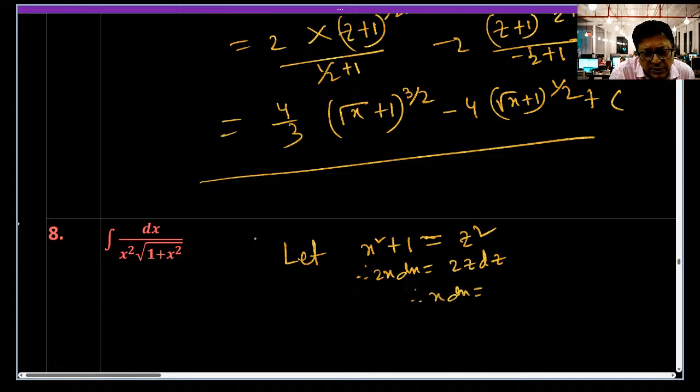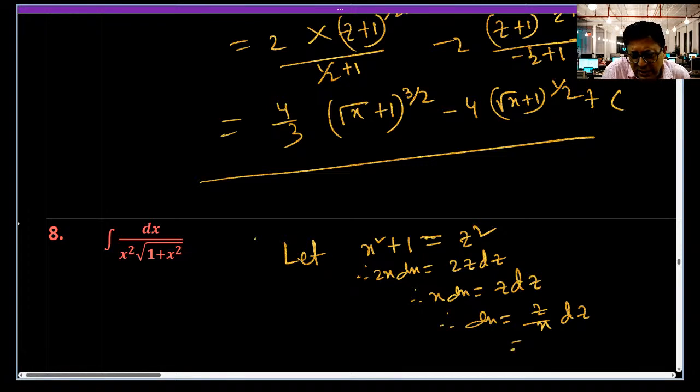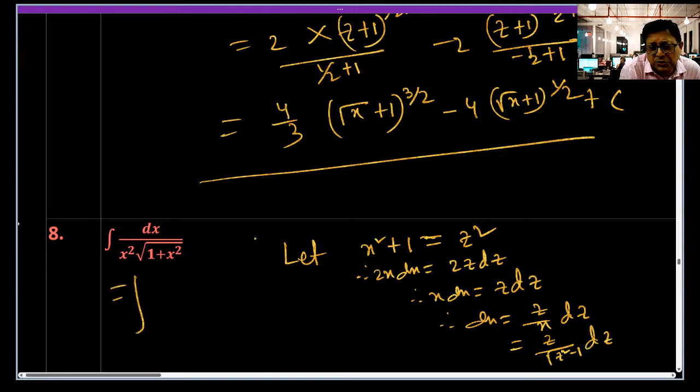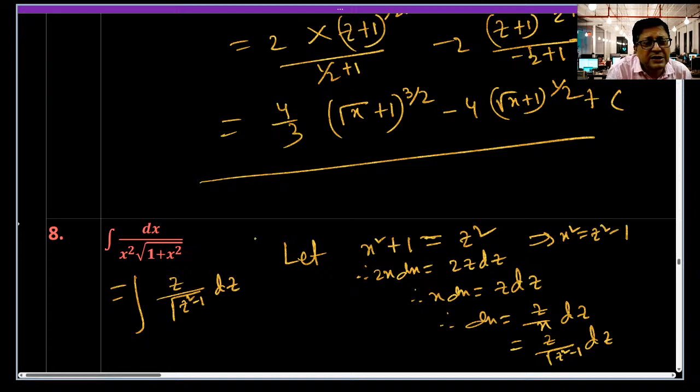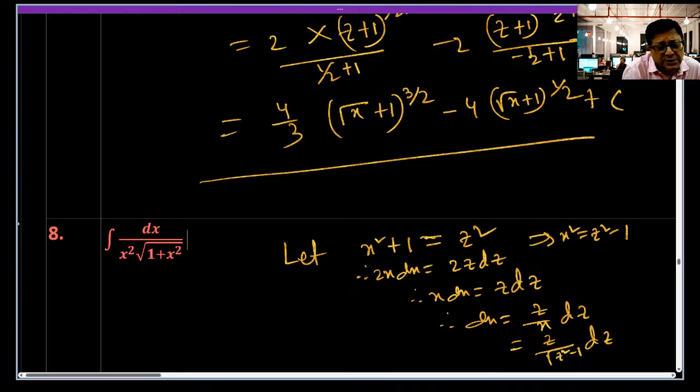Therefore x dx equals z dz, so dx is z by root z square minus 1 dz, and x square is z square minus 1. Write in detail, see what is coming over there, then proceed.